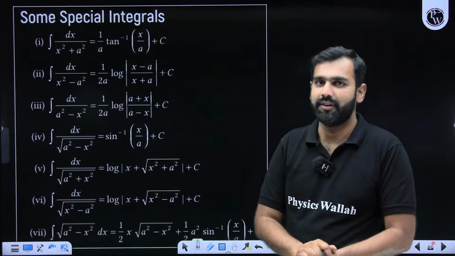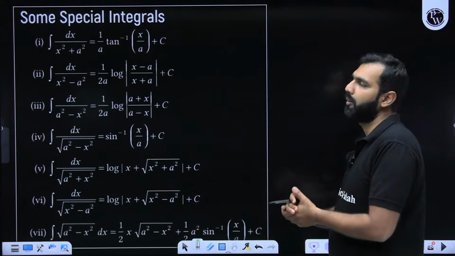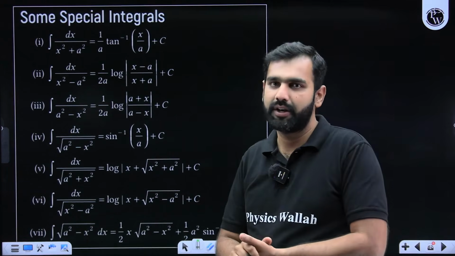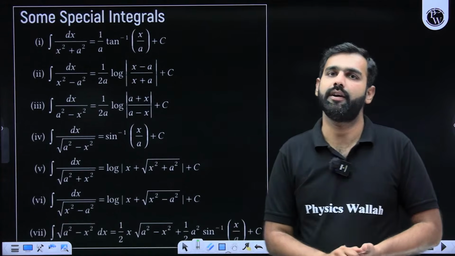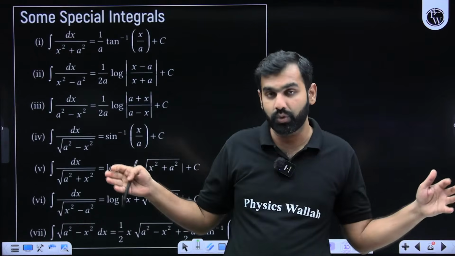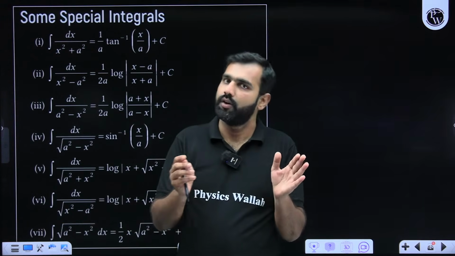Some special integrals. I totally leave it up to you whether you wish to remember or memorize these or not. But let's say you say, sir, I am skipping the chapter integration for JEE because it is not high on ROI. A lot of inputs are required from this chapter. It does not give us that much output. Totally fine.